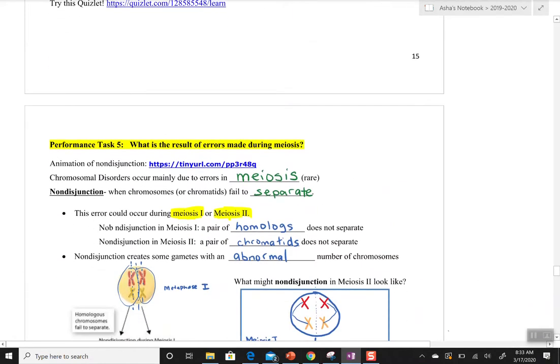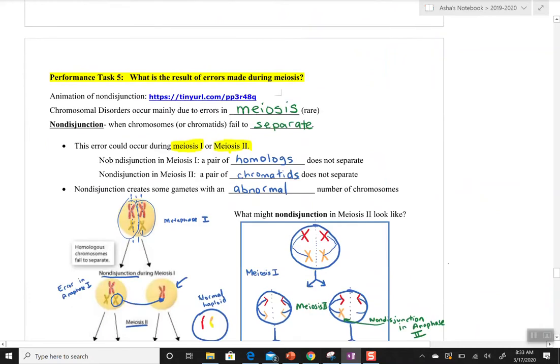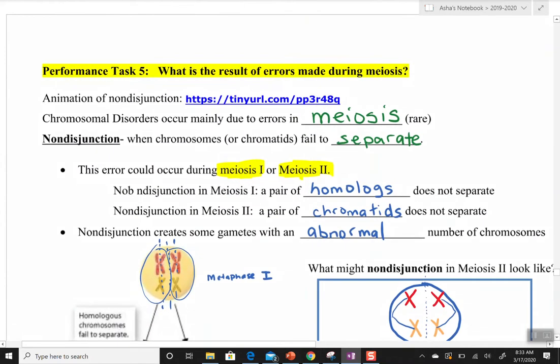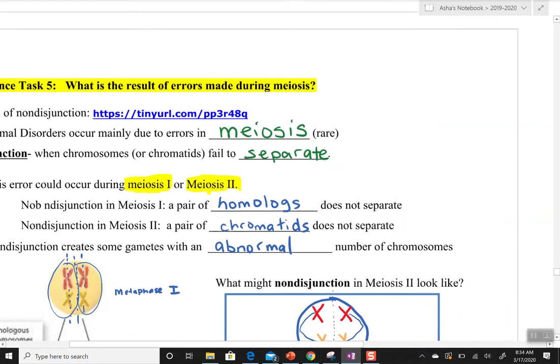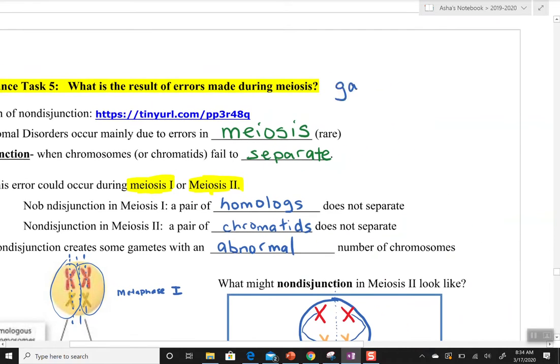So performance task 5. What is the result of errors made during meiosis? The result of errors made during meiosis is that you end up with non-disjunction, and that is when chromosomes fail to separate and your gametes have an abnormal number of chromosomes.